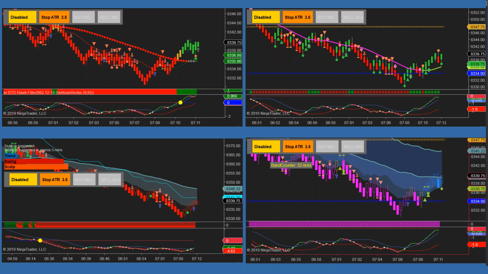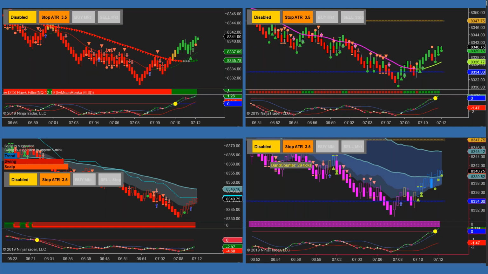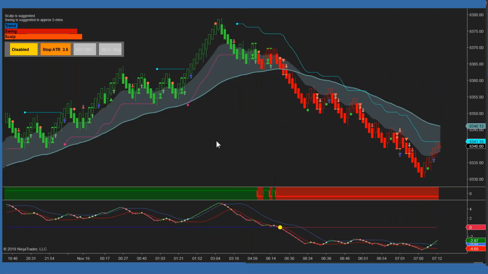All right, looks as though the buyer's pushing back a little bit now. Might finally get that pullback. They do have a little ways to go, though.